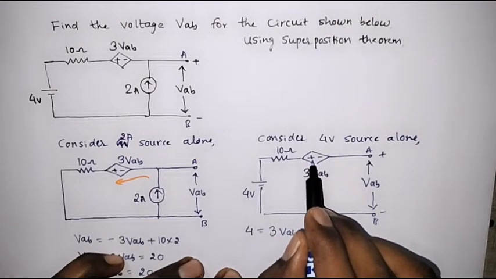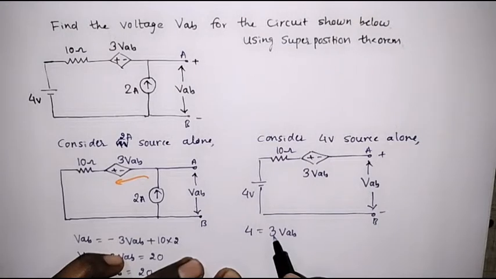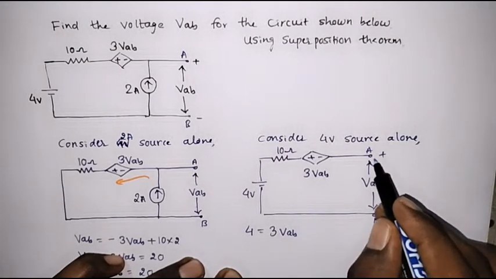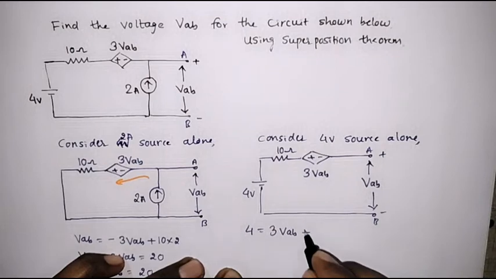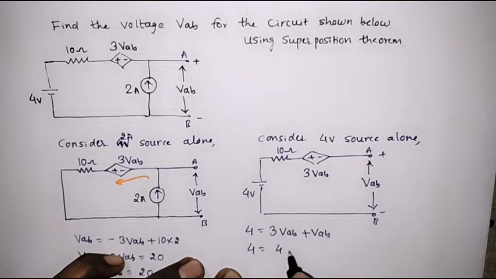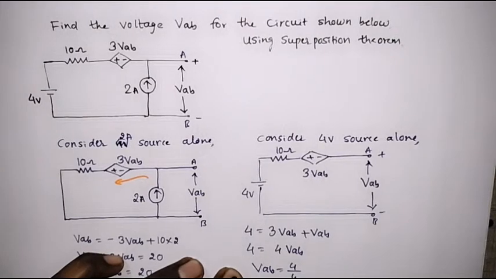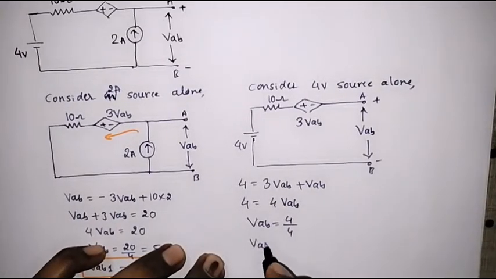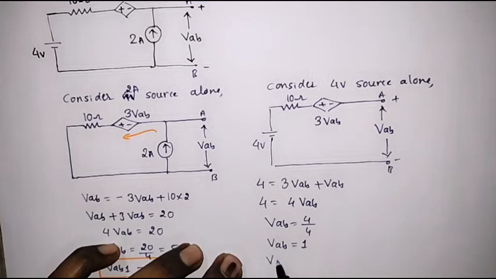Here there is a plus sign first, so we are supposed to write it plus 3 VAB plus the voltage between these two terminals, that is VAB. Therefore 4 is equal to 4 VAB, or VAB is equal to 4 by 4. Therefore VAB is equal to 1. So now I will call this VAB2, which is equal to 1 volt.